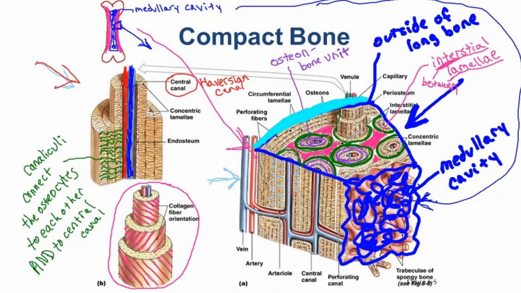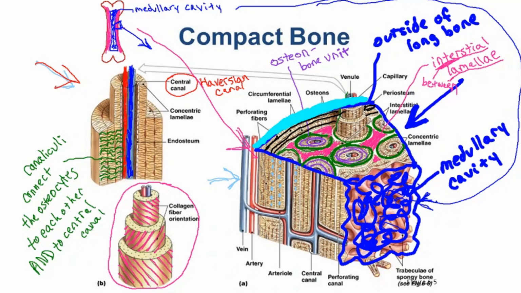If you notice, there are not osteons right at the edge of the outside of the bone. Instead, there are just sheets of lamellae going around and around just straight, like this. And that's just for a little added protection.